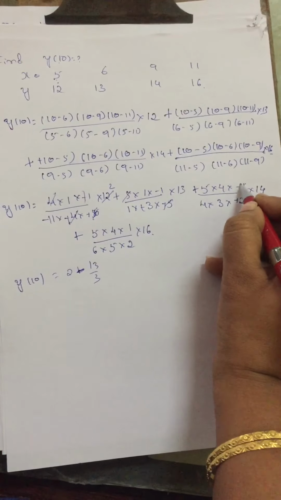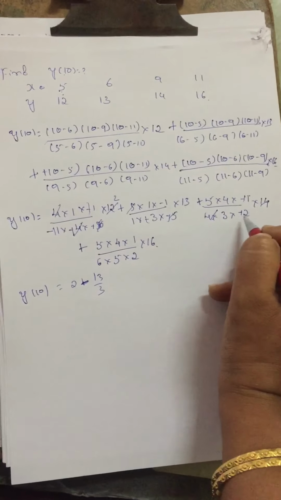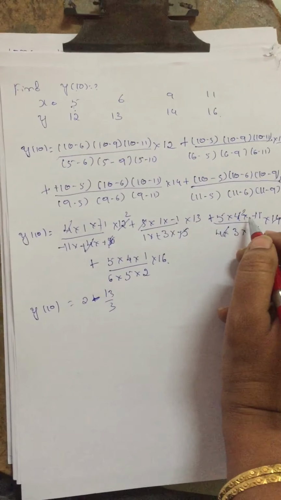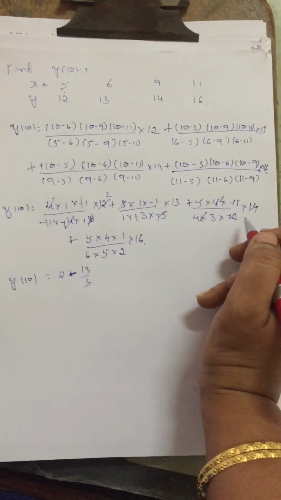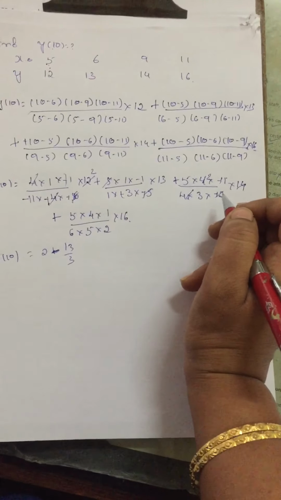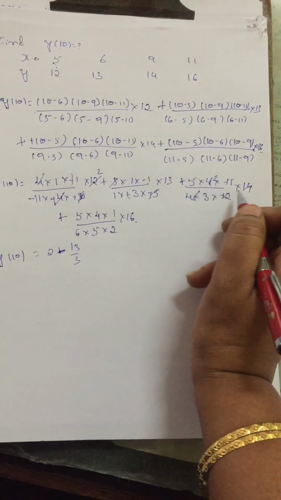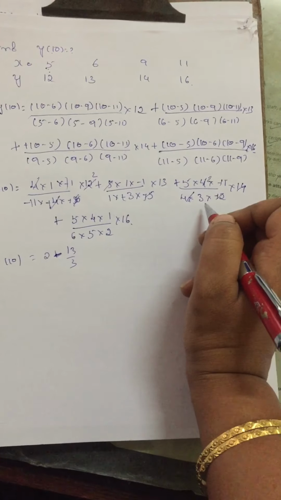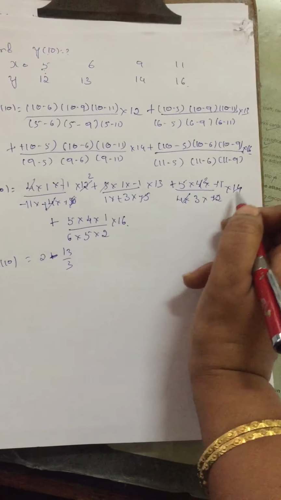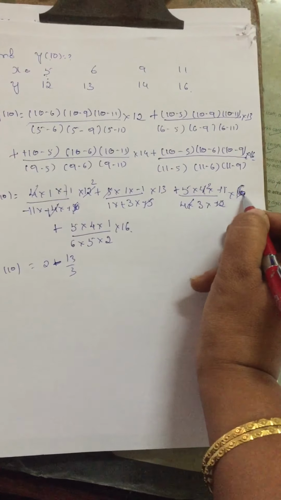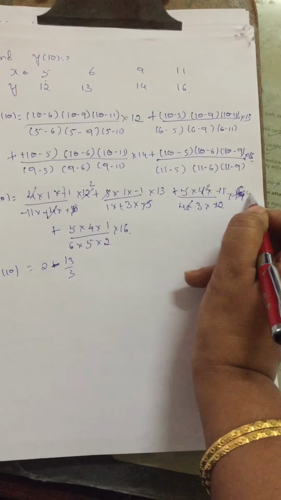Next here minus minus cancel, 4 4 cancel, 2 1s are 2, 3s are cancel, sorry, it is into 16, not 14. 1s are 4, 4s are.